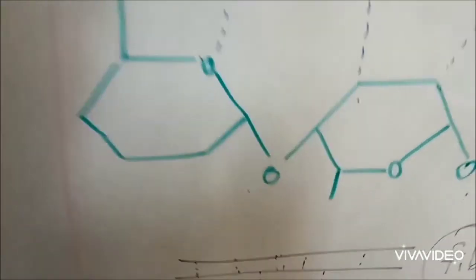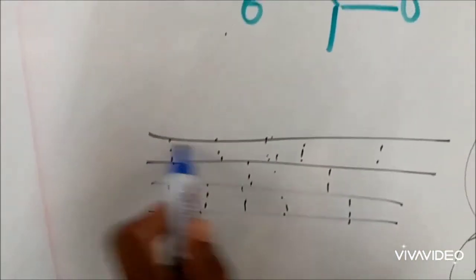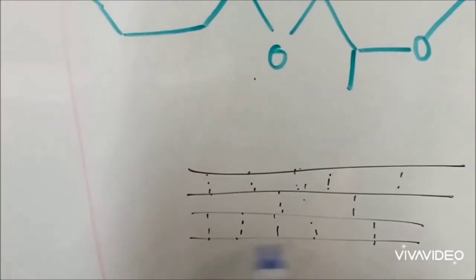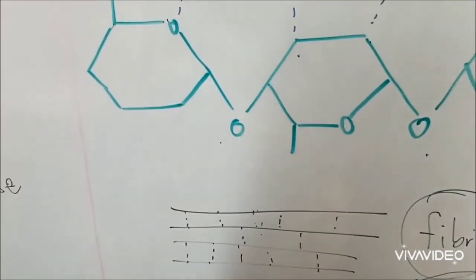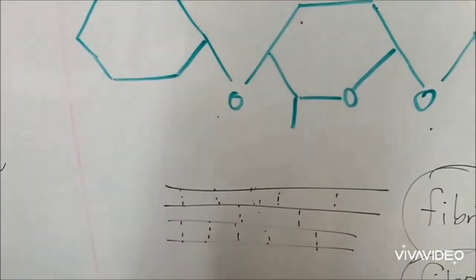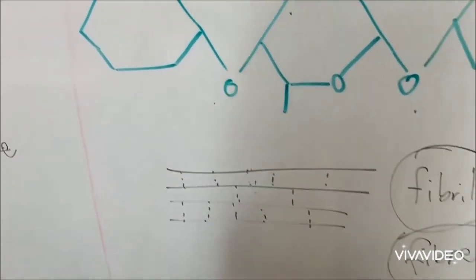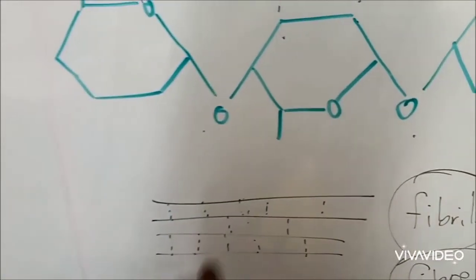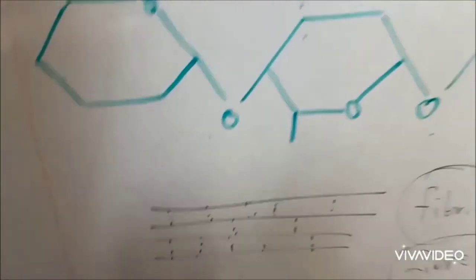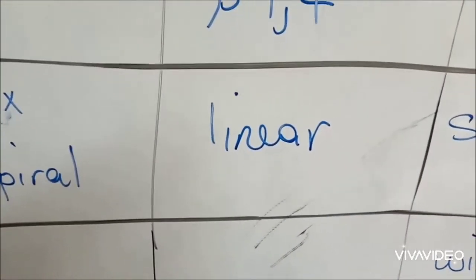Remember, I showed you this, that you have horizontal parallel cellulose glucose units lined up just like that, parallel, and you have the cross linkages. So the overall shape is going to be linear.